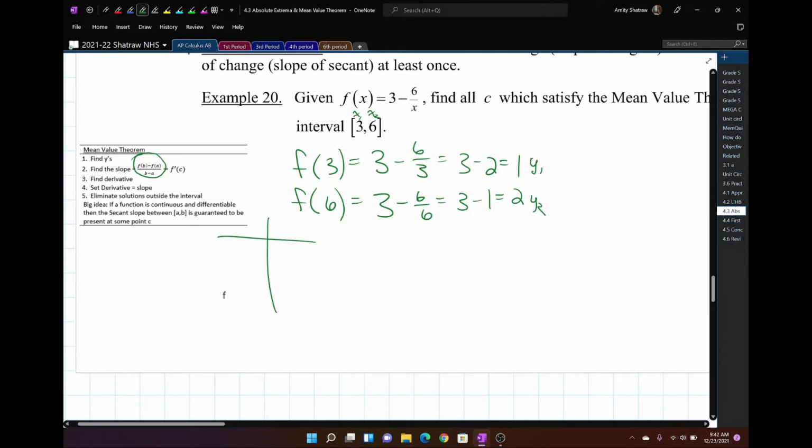In fact, some kids like it better when I plug in the 3 and I get a 1, and I plug in the 6 and I get a 2, and then they label this as x sub 1, this is x sub 2, this is y sub 1, and this is y sub 2. But I'll mention that the formula uses a's and b's. So you can call it x sub 1 and x sub 2 and y sub 1 and y sub 2 because you know the slope formula. Or you can say this is a, this is b, this is f of a, and this is f of b.